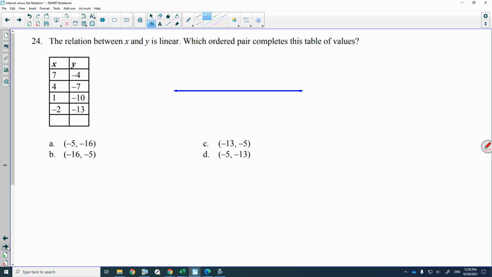Let's look at this one. See if you could figure it out. The relation between x and y is linear. That means it's a constant change. Which ordered pairs complete the table of values?